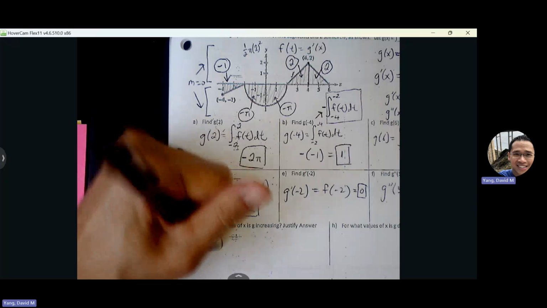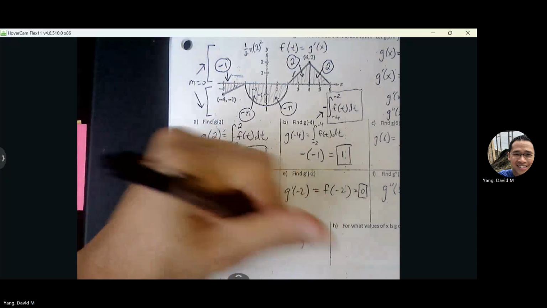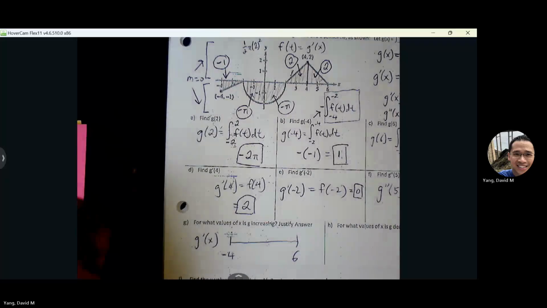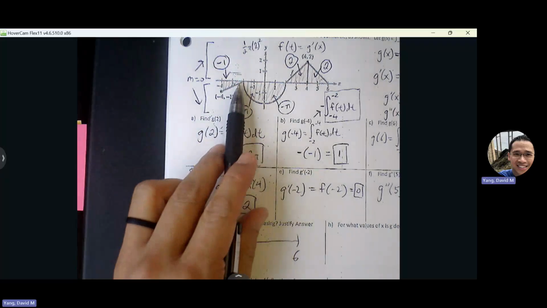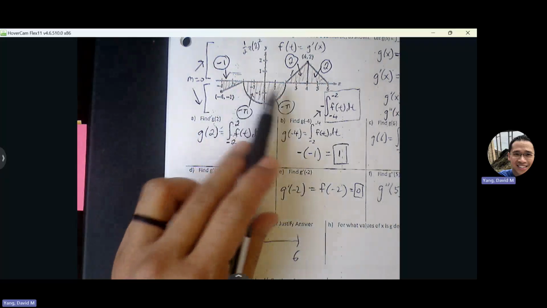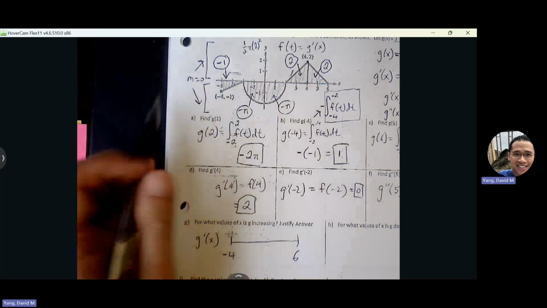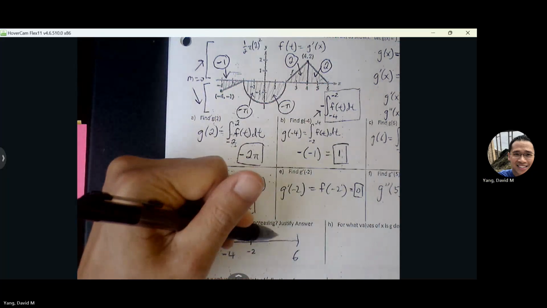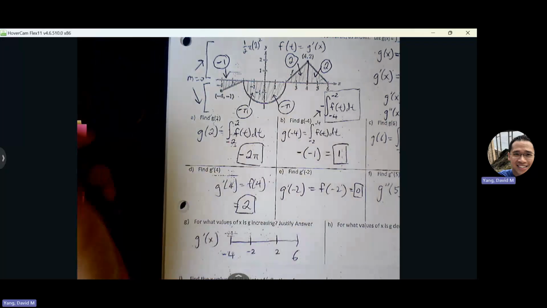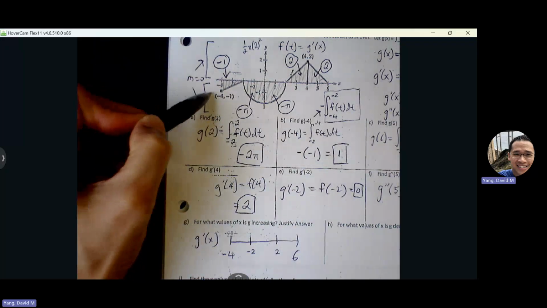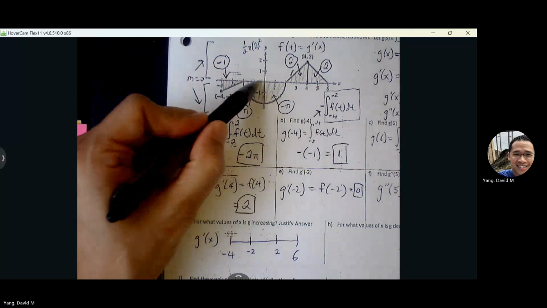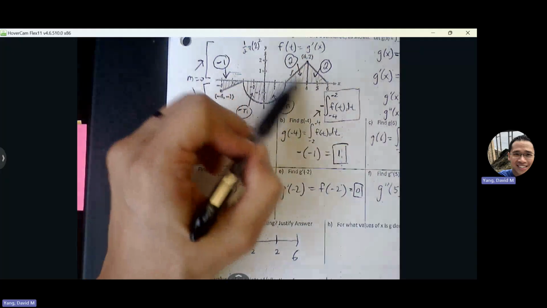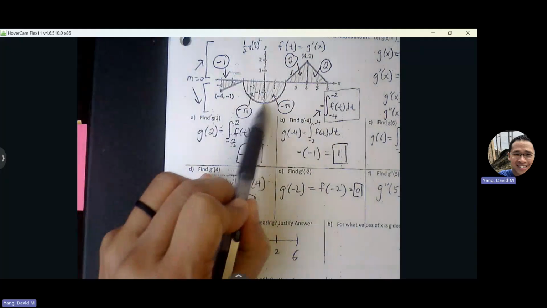So here's my g prime sign line. Pick out your x-intercepts. -2, 2. Look at the arrows that you see here. We start off below. We still keep below the x-axis and then above. So we have negative, negative, positive.